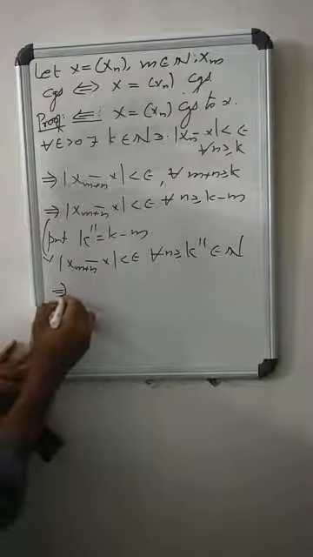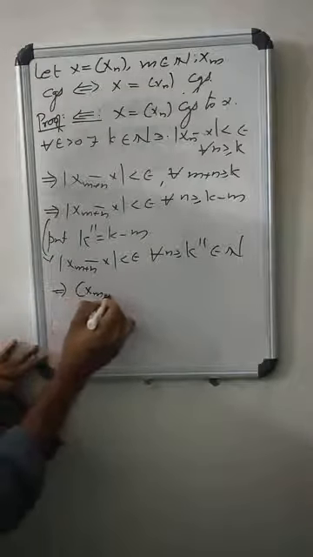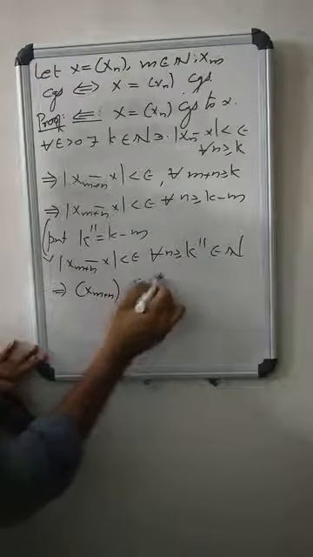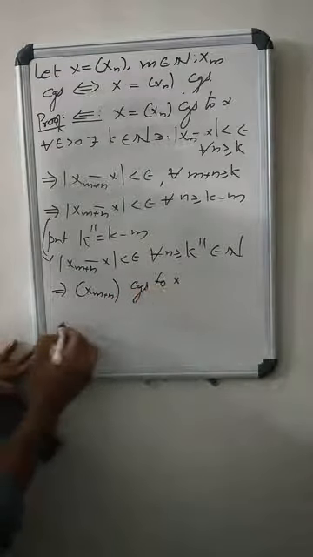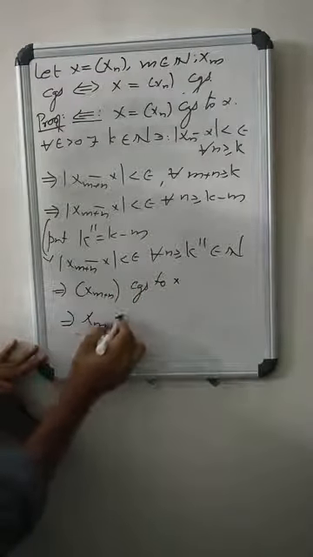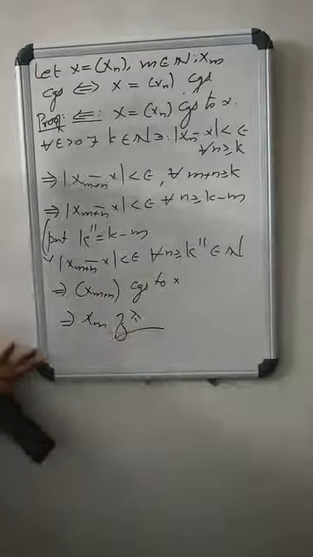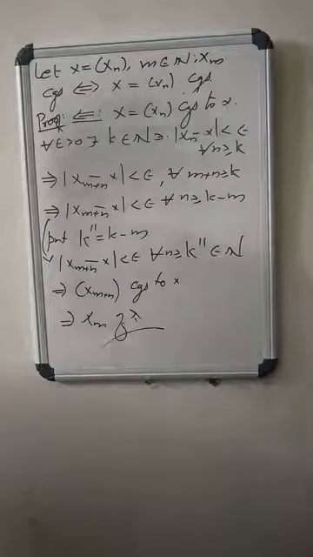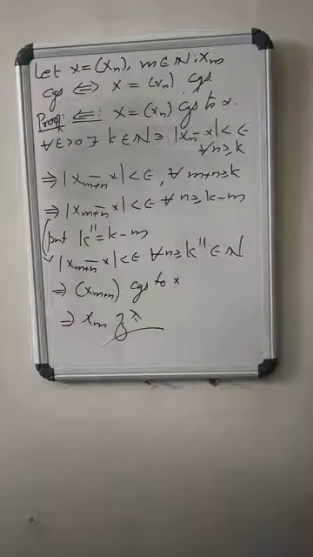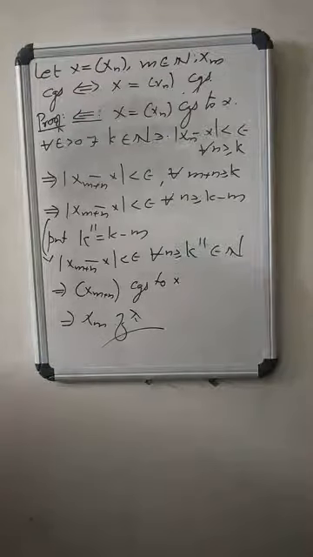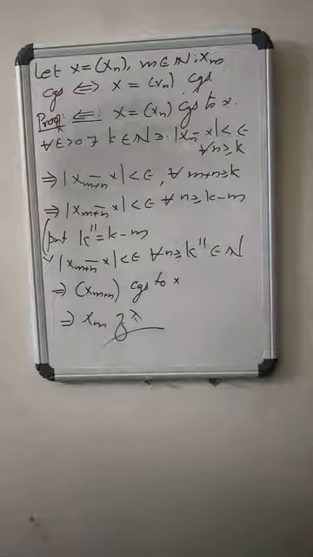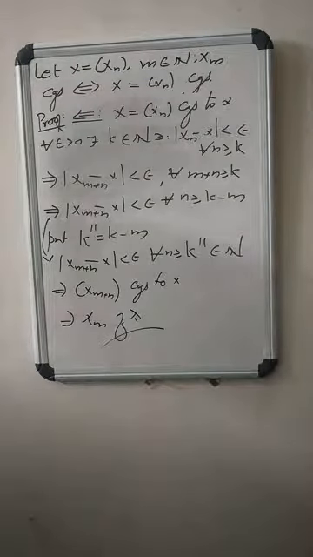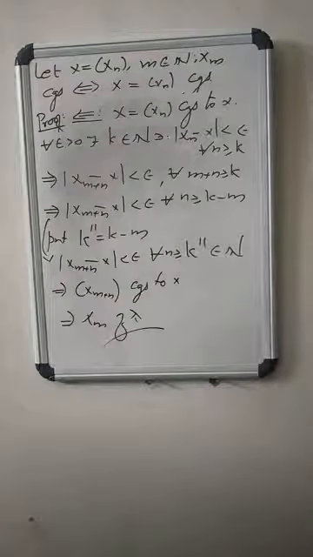So that means the sequence x_{m+n} converges to x. What is the sequence x_{m+n}? That is the m-tail sequence of x, which converges to x. So this is the sufficient argument. So if x equals x_n is a sequence of real numbers, then its m-tail sequence converges if and only if the sequence converges. Agreed?